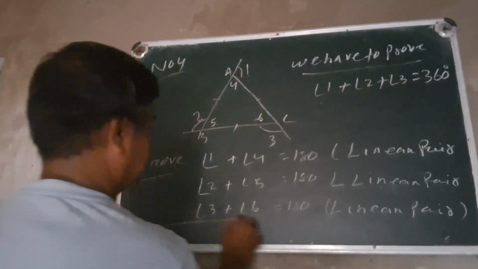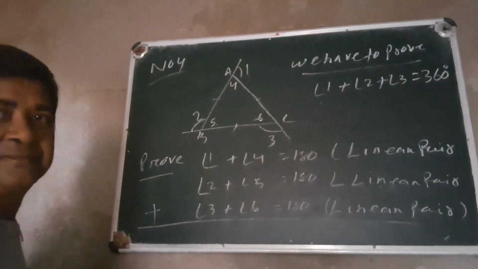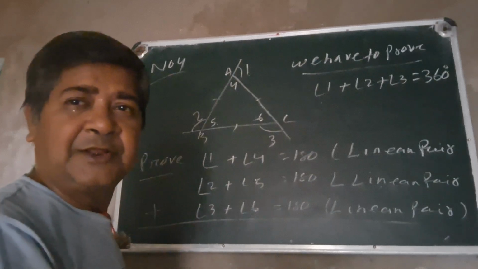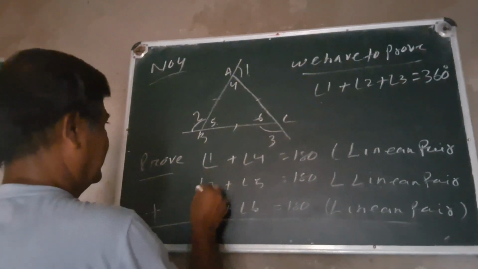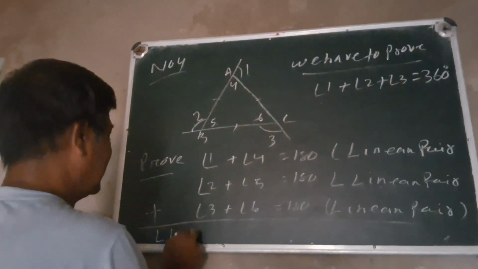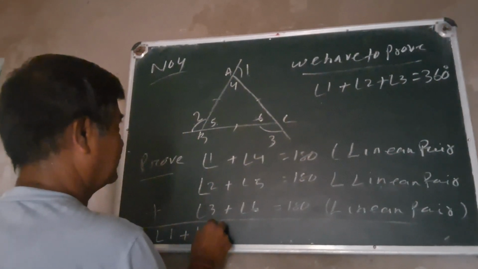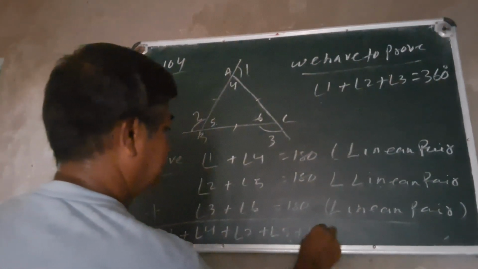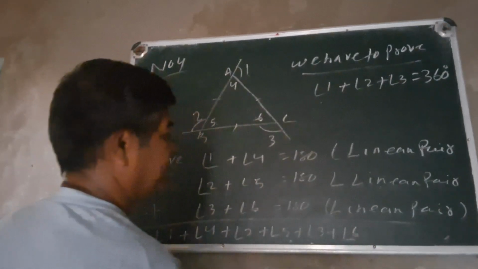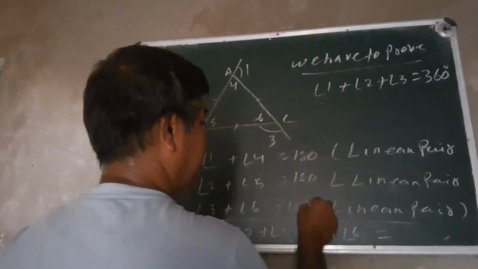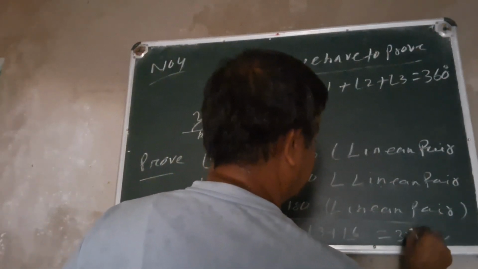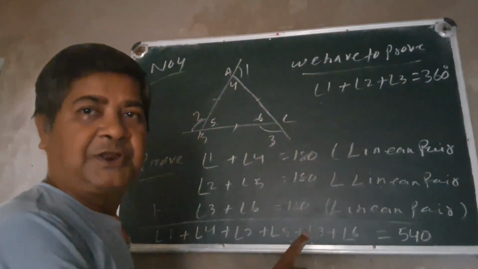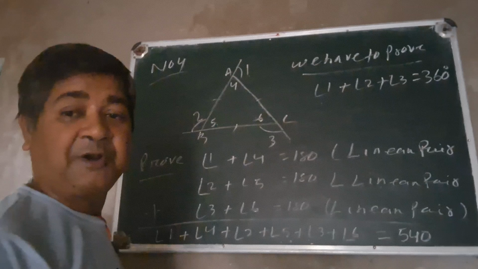Add all three interior angles and the three exterior angles: angle 1 plus angle 4 plus angle 2 plus angle 5 plus angle 3 plus angle 6 equals 180, 180, 180, 3 times 180, which is 540. Sum of six angles is 540.